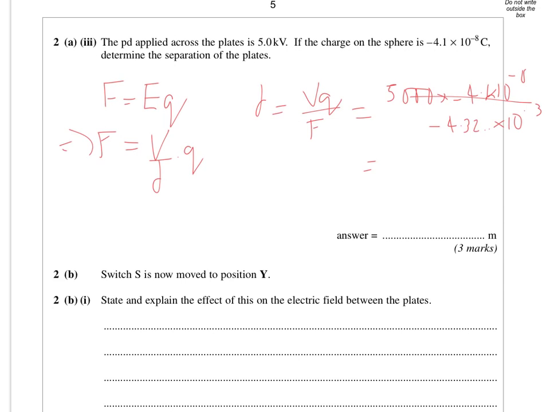That gives 0.0474, which is 0.047 to two significant figures.